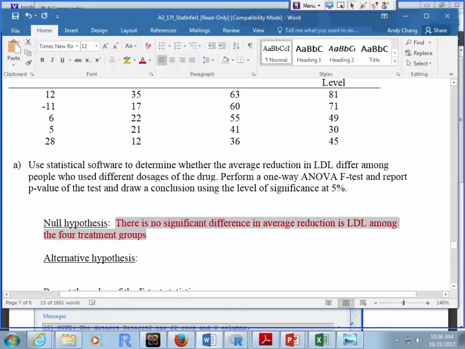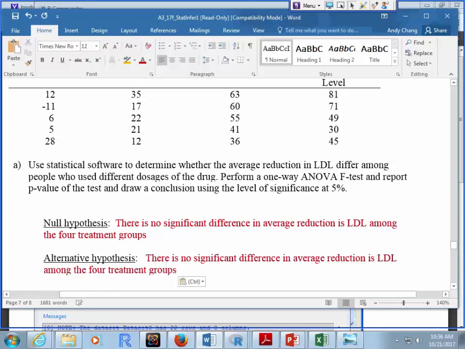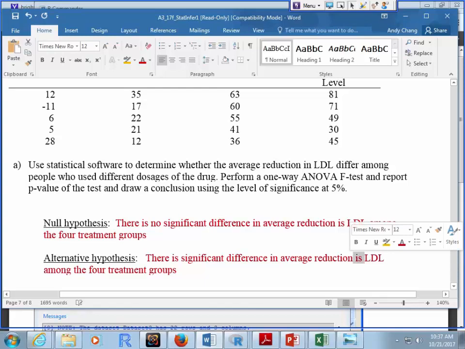And of course, the alternative is there is a significant difference in average reduction.